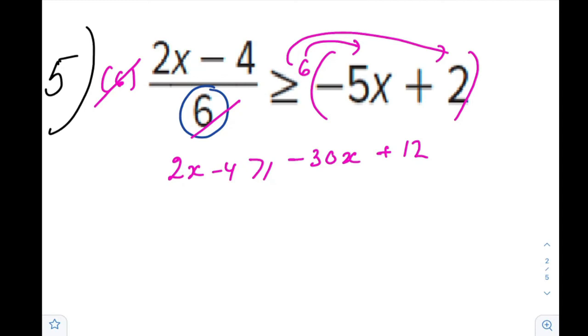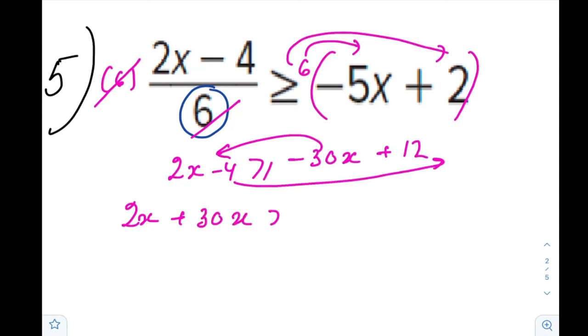Now we will combine like terms as we get used to. So x's together, numbers together. 2x plus 30x more than or equal 12 plus 4. 2 plus 30 is 32x greater than 12 plus 4 is 16.